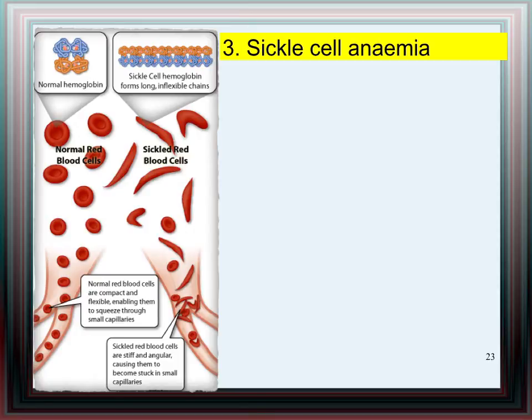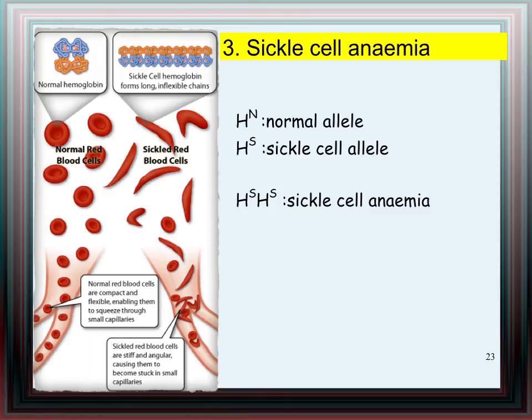So if you represent the normal allele as HN and the sickle cell allele as HS, now remember that the sickle cell allele is recessive. If the person has got the homozygous genotype, so it's homozygous recessive, he will have sickle cell anemia. And people with sickle cell anemia are less likely to survive and reproduce, and most die before reaching a reproductive age.